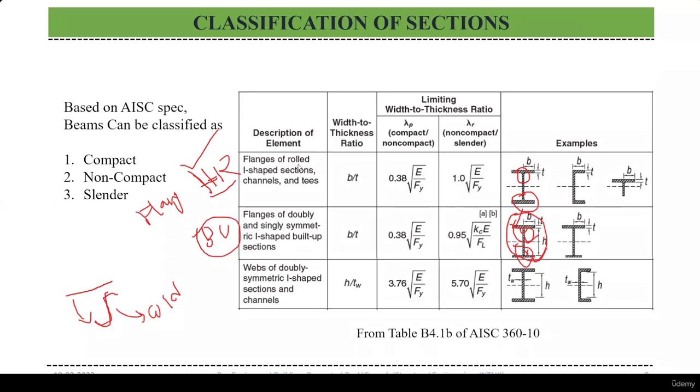So for hot rolled I sections and channels, these are the limits. If the calculated value from this formula is within this lambda p, nothing but the limiting factor for the compact region, the section can be called a compact section. If the value is in between lambda p and lambda r, the section will be called a non-compact section.